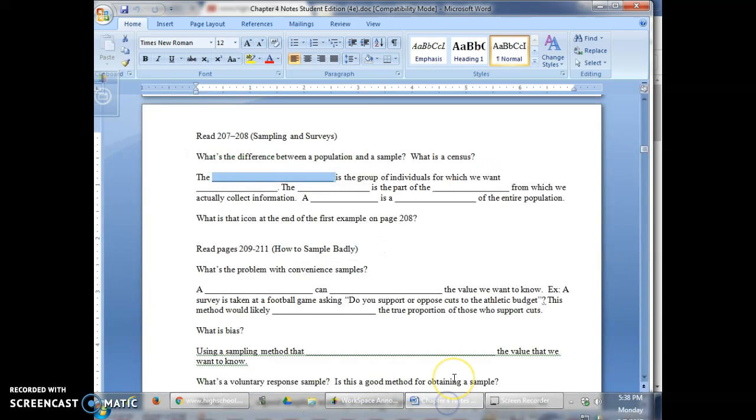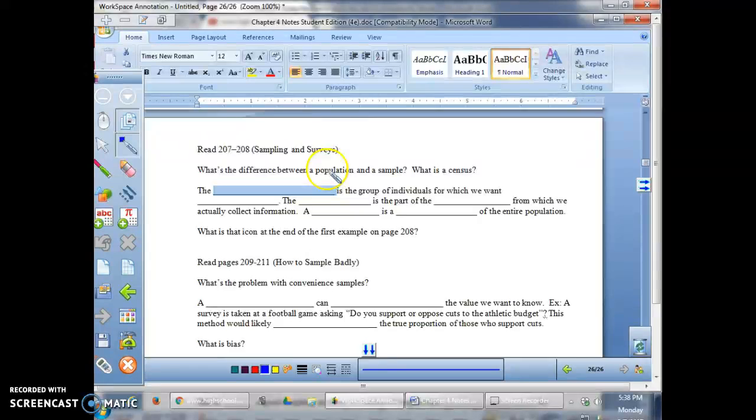So under the notes, we're going to summarize what we just talked about. The difference between a population and a sample is the population is the group of individuals for which we want information, and the sample is part of the population, and we hope that it represents the population, of course, from which we actually collect the information.